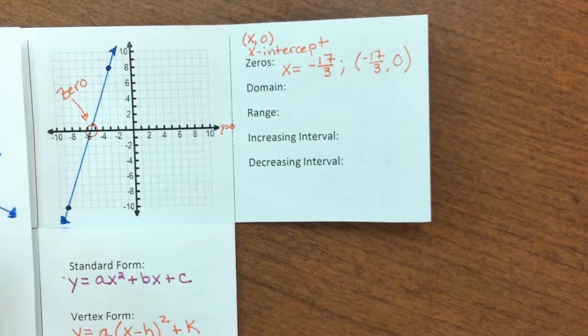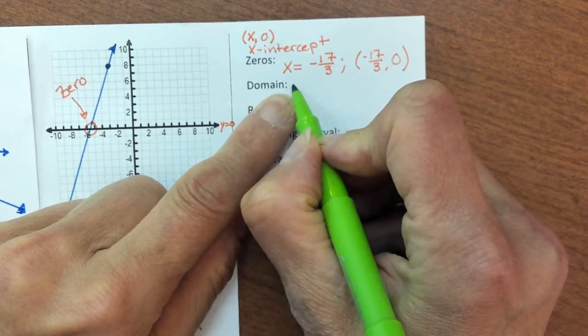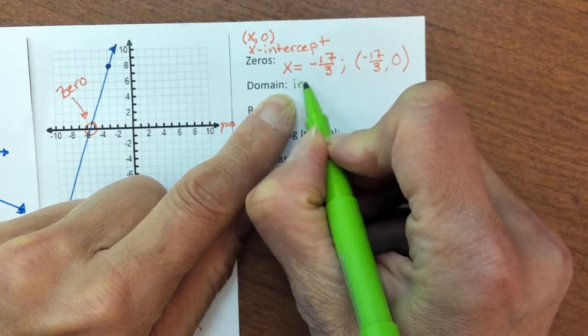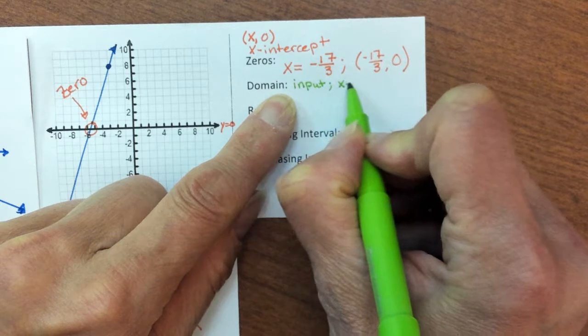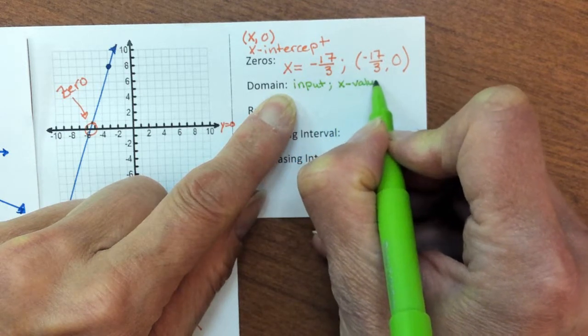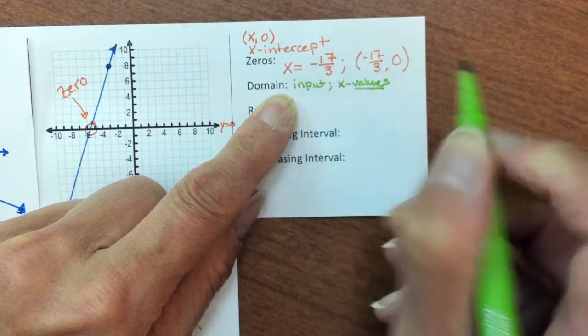So now when we talk about domain, I am talking about my x values or input. So this here is my input. It's also my x values. Notice I didn't say x coordinates, I said x values.